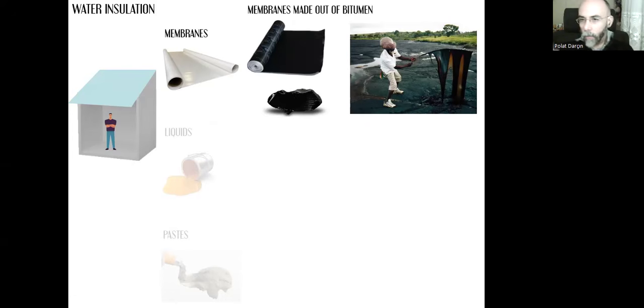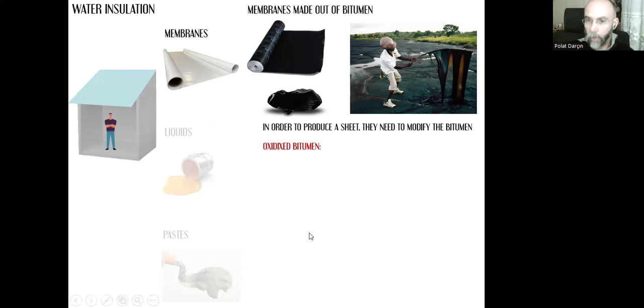And as you can see, it's this half liquid, half paste, sticky substance, and it's very hard for us to create these membranes, stiff membranes out of this half liquid thing. That's why we need to modify the properties of the bitumen. We can either oxidize the bitumen, which means we need to blow hot air inside this bitumen, and the oxygen in the air will start a chemical reaction so that the physical properties of the bitumen will start to change.